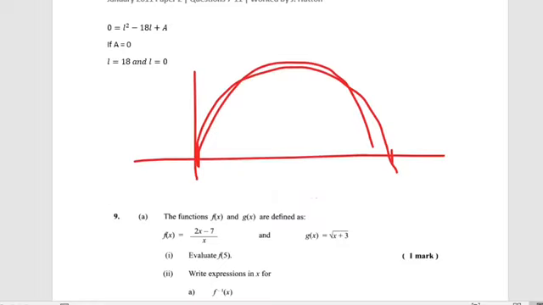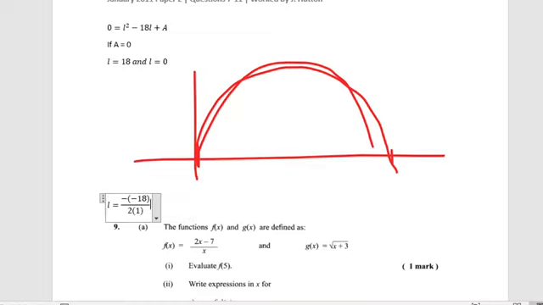So remember the formula up top. Length is equal to minus B, which in this case would be minus 18, and all of that is divided by 2 multiplied by A. So we'll have 2, and A again is 1. So when you work that out, you will get your length being 9.